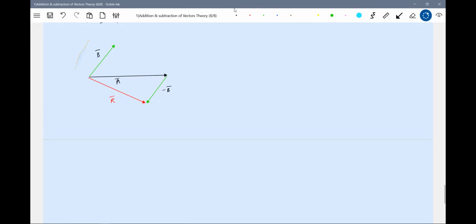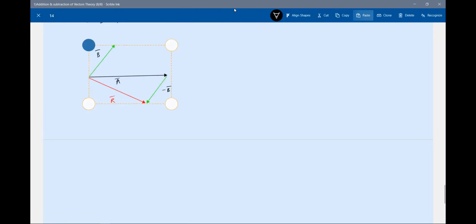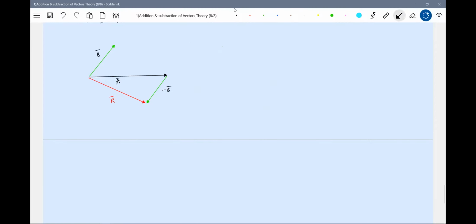I think you'll get confused, but better let me draw it. Minus A bar is needed, no? So therefore B bar will come here. Minus A bar vector will be in this direction. This is plus B bar.